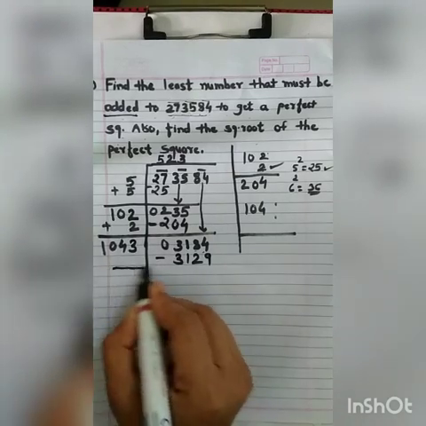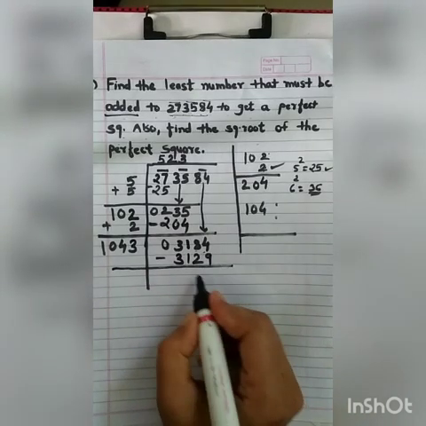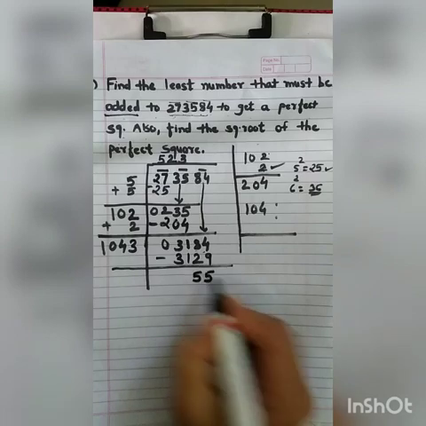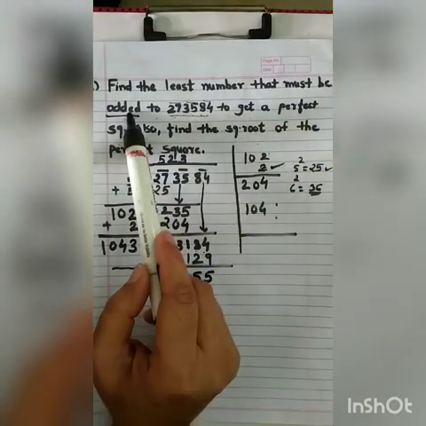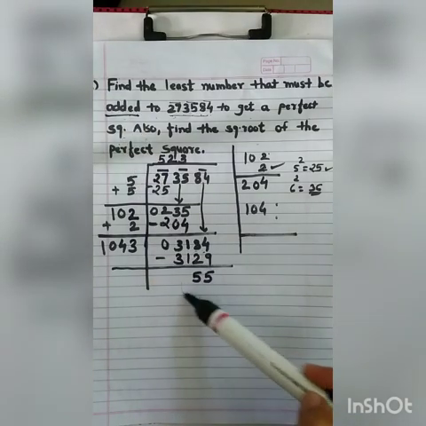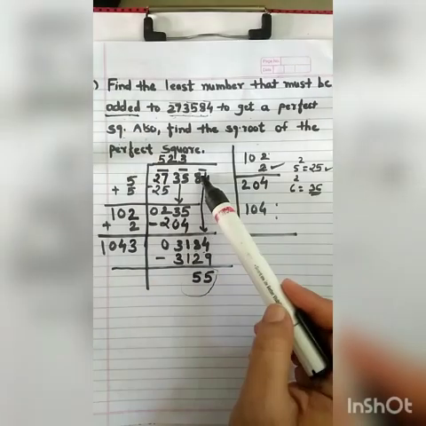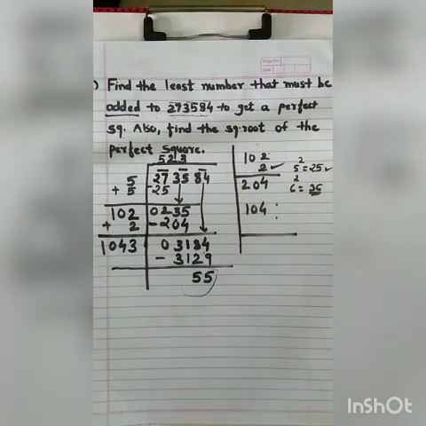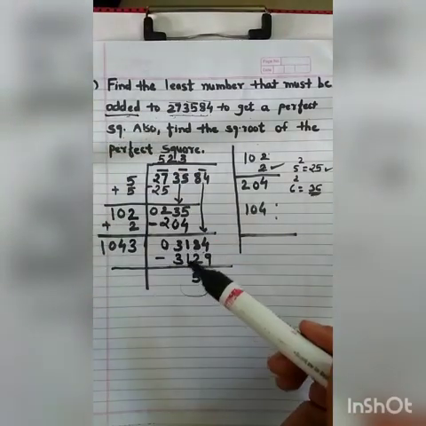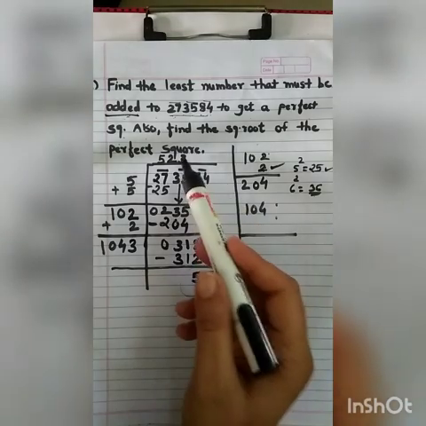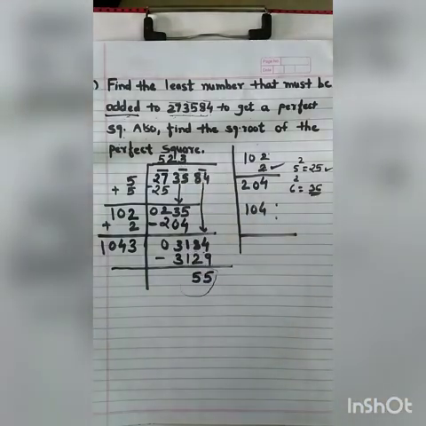After subtracting it, I get the remainder 55. Now when it is a question of subtraction, I will directly subtract this remainder from the given number to make it a perfect square number. But this is a sum of addition, so we have to add something. If I subtract, the number will be smaller, but we don't have to subtract, we have to add.